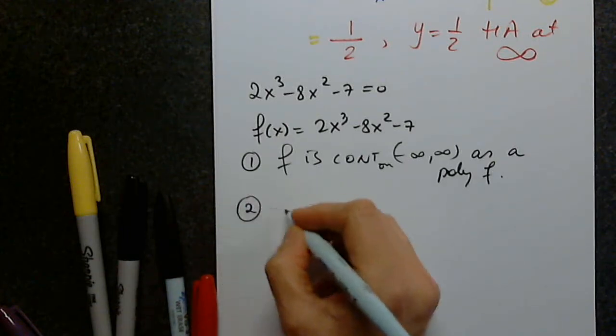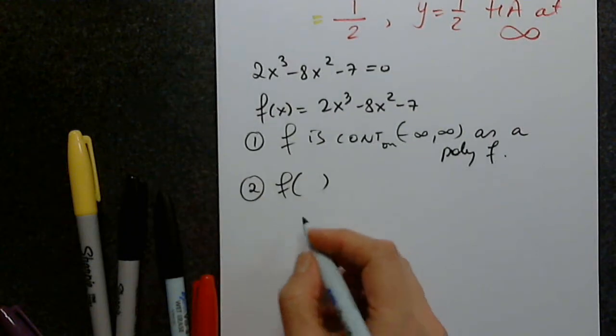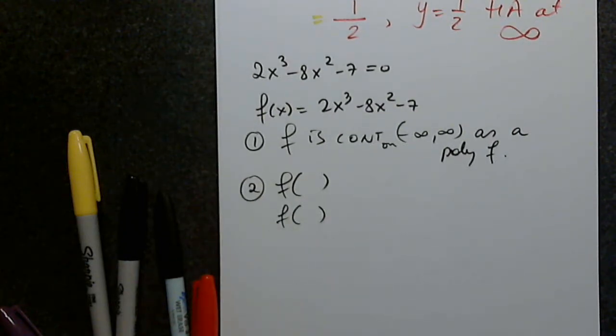In number 2, I have to find with the calculator 2 values, 1 unit interval from each other, such that the function does what? Crosses the x-axis. Changes sign.